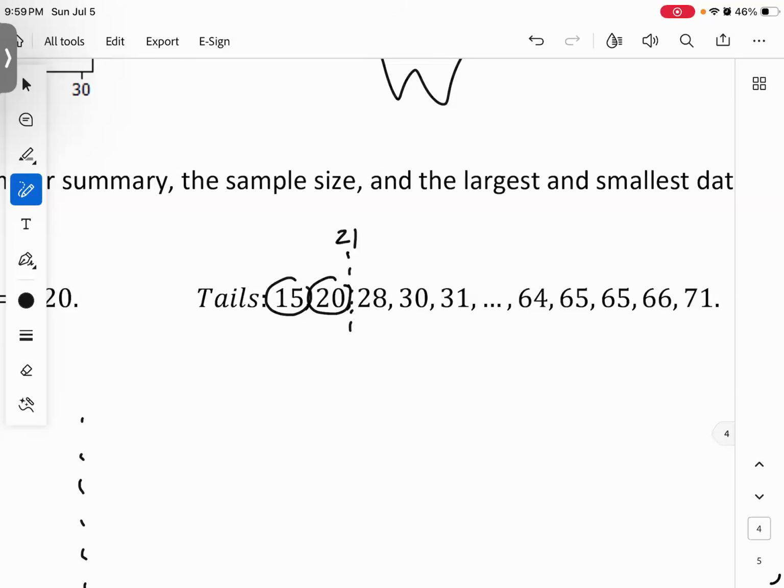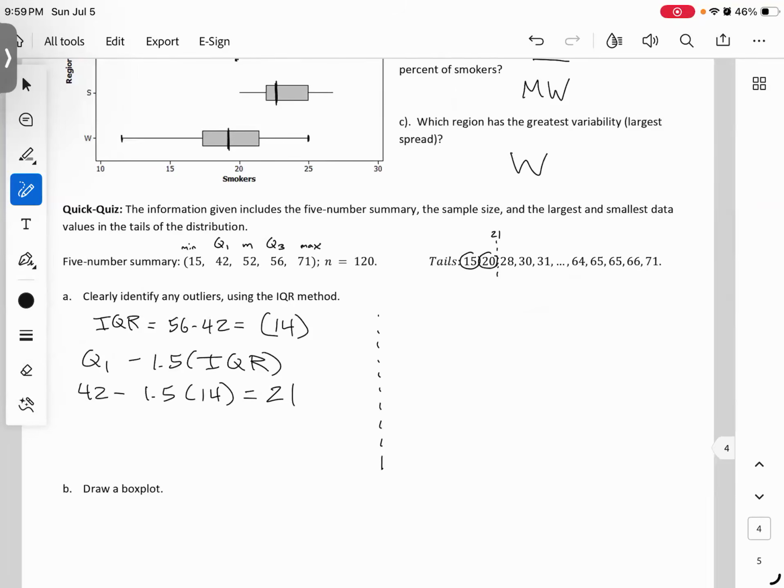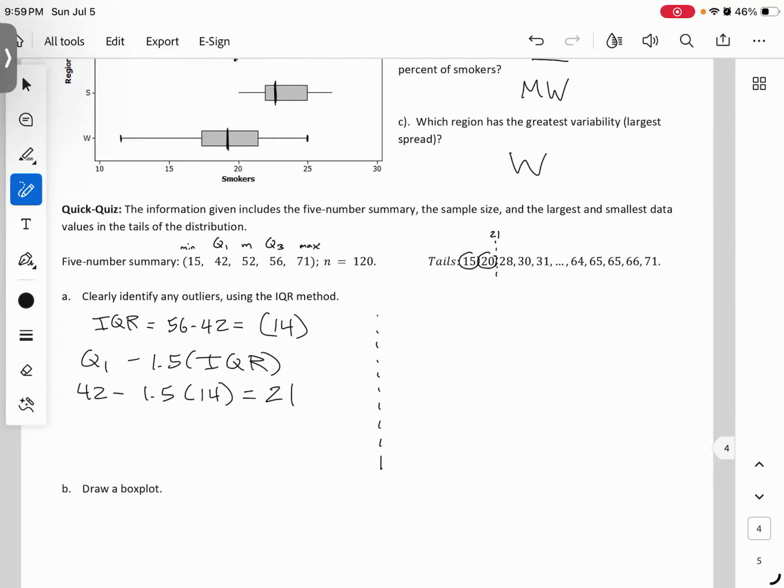So we can put circles around them, 15 and 20. So we got two lower outliers, 15 and 20. And we'll use those in a moment whenever we draw the box plot for this.